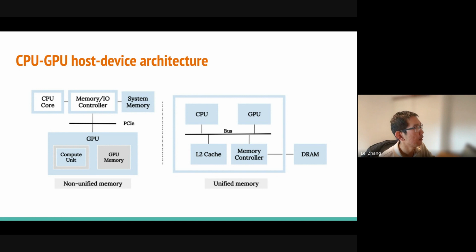On the Apple side, things are more aggressively moving to SoCs, so we have unified memory on the right. Basically, CPU and GPU are now on the same die; these are just different IPs. They share L2 cache or some low-level caches and talk with DRAM that way.